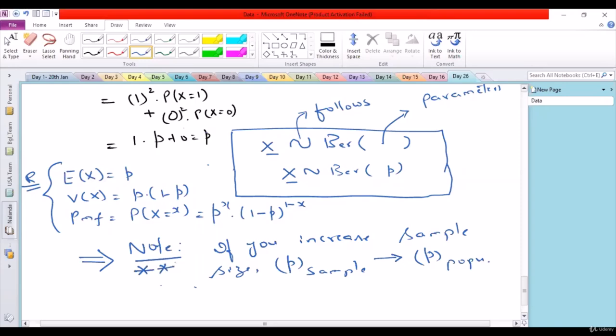So the more data in your sample, the better accuracy you will arrive at when data is following Bernoulli. Because the question will come to you, how much sample size I have to collect, whether it is 100 records or 200 records or 500 records or whatever it is.